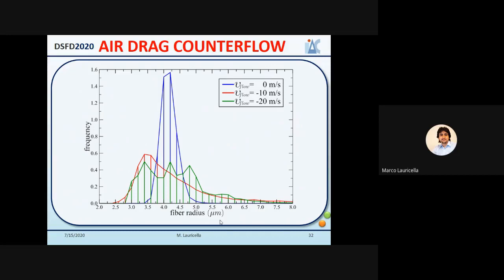And for example, here, it is completely evident how a different magnitude of the velocity flow changes the distribution of the fiber radius.